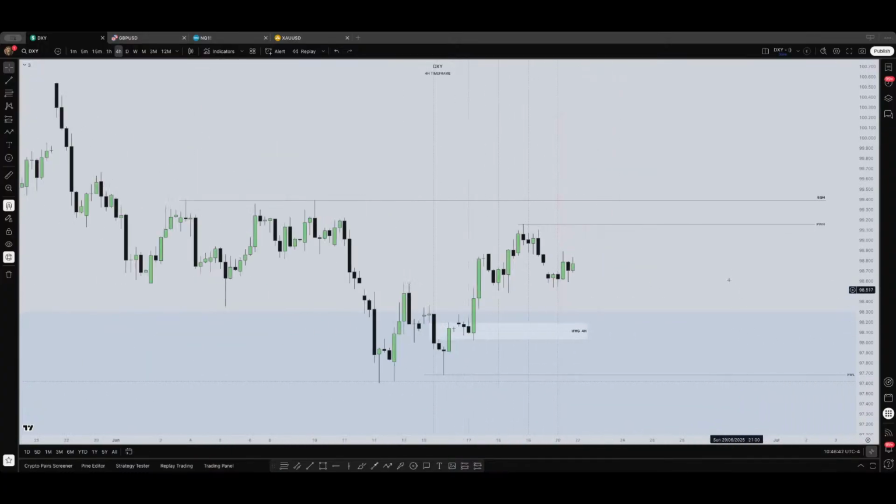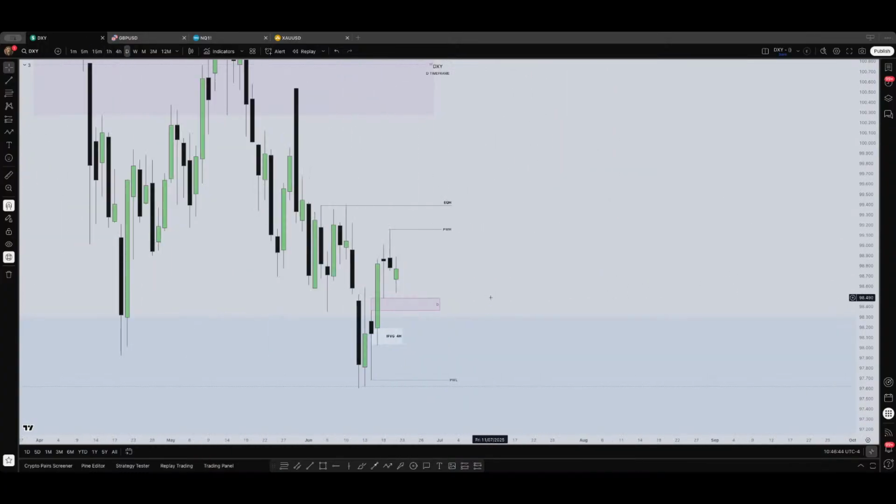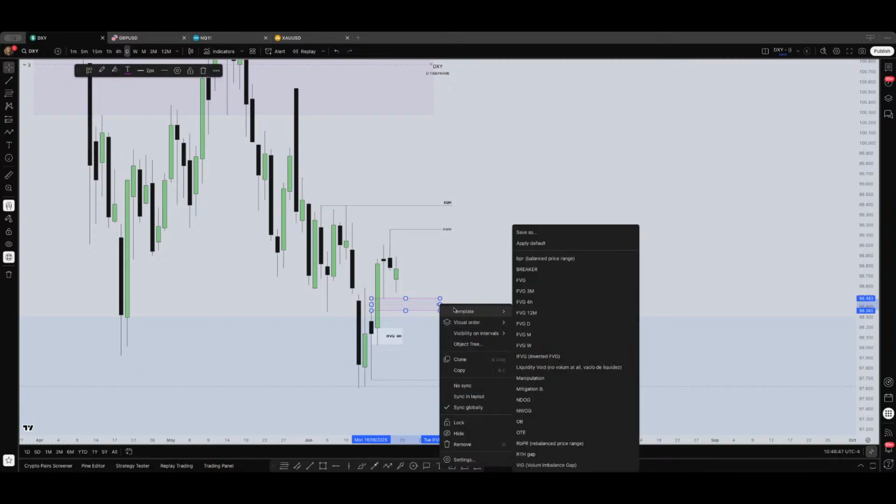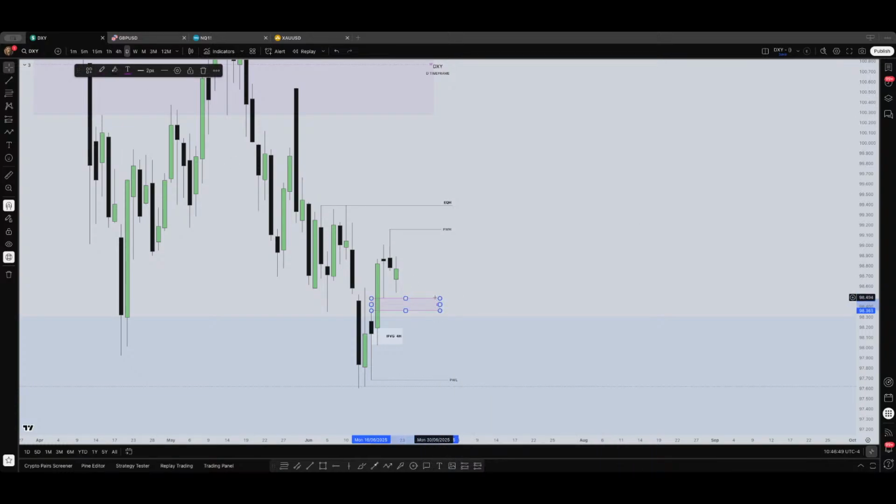But oops, where is the daily? So you put it like this, and when you go to lower time frames, give me a second.